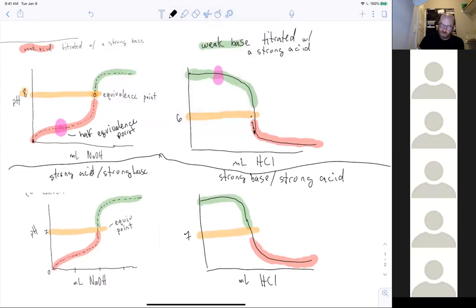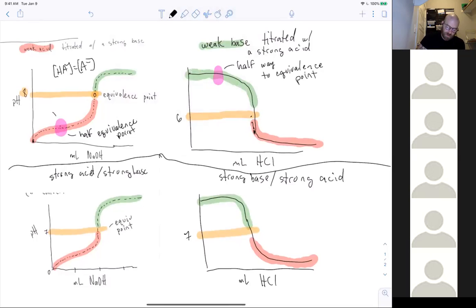These are points where you're exactly halfway to the equivalence point. That means that the amount of weak acid you have is exactly equal to the amount of its conjugate base that's formed in solution.